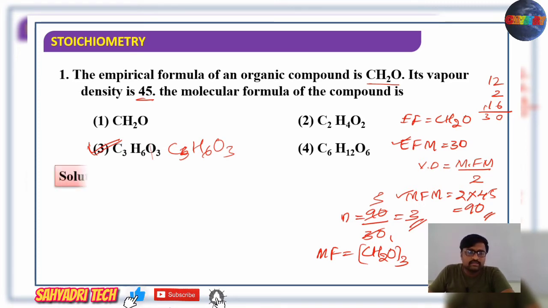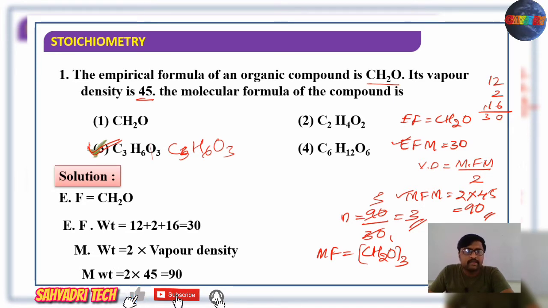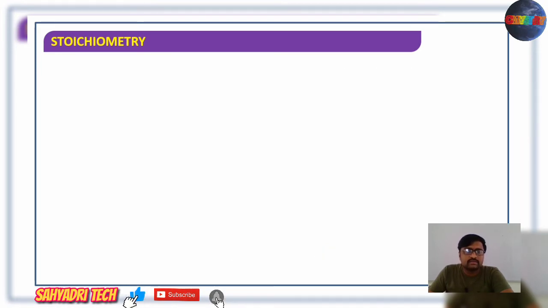Yes. Again, what I said: empirical formula CH2O and empirical formula weight 30. Then molecular formula weight, that is 2 into vapor density, 2 into 45, that is 90. Then by knowing these two values, molecular formula is equal to empirical formula into n, the common factor.